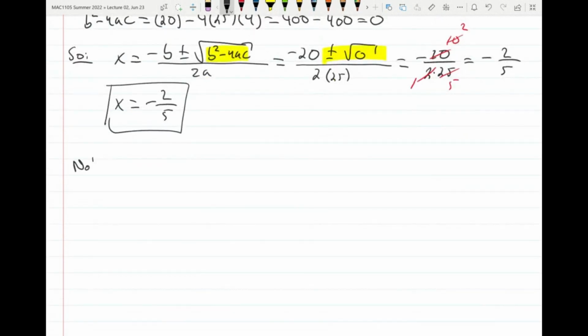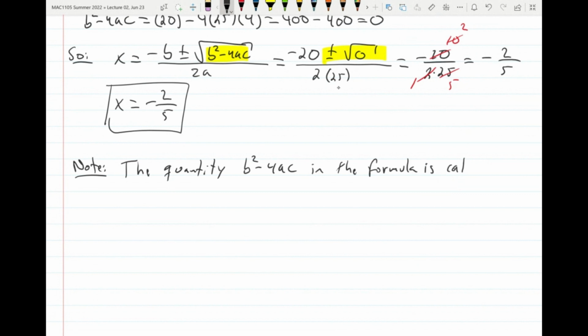So note the quantity b squared minus 4ac in the formula is called the discriminant. Okay, it's a definition.